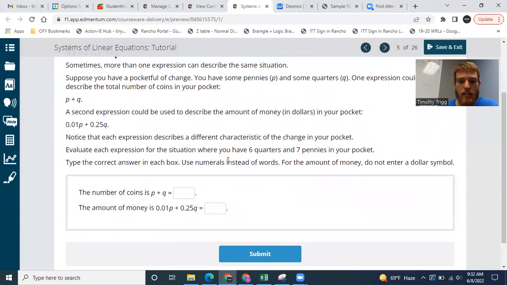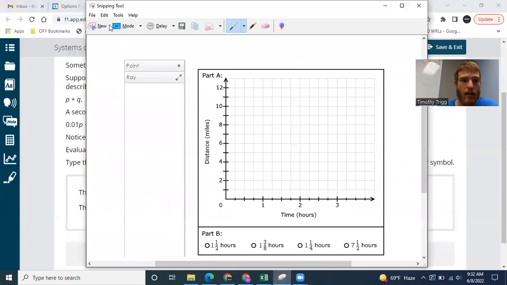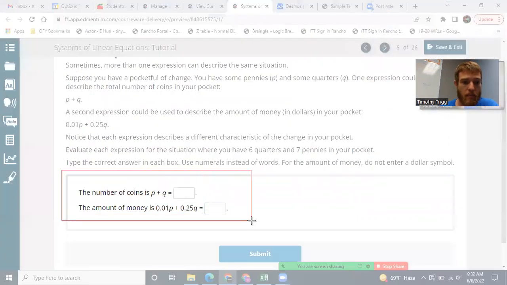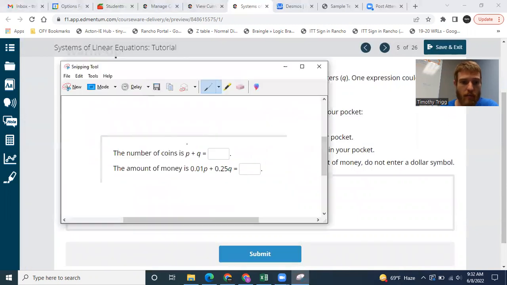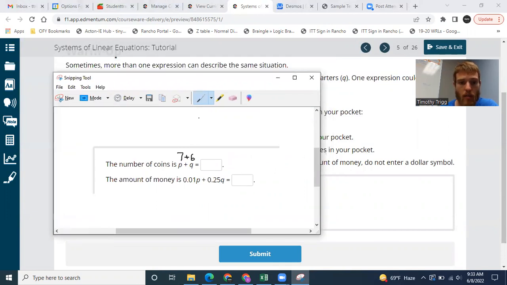In this case, we have 6 quarters and 7 pennies. So P is 7 and Q is 6. If I did P plus Q, this would be 13. So P plus Q equals 13.